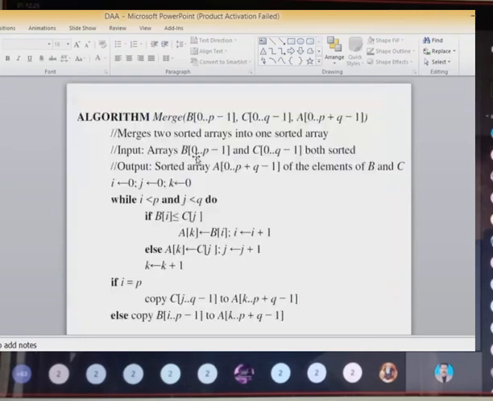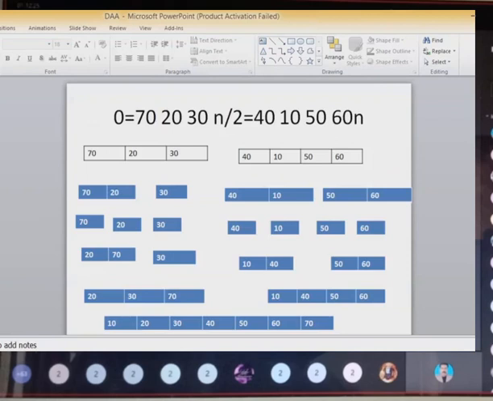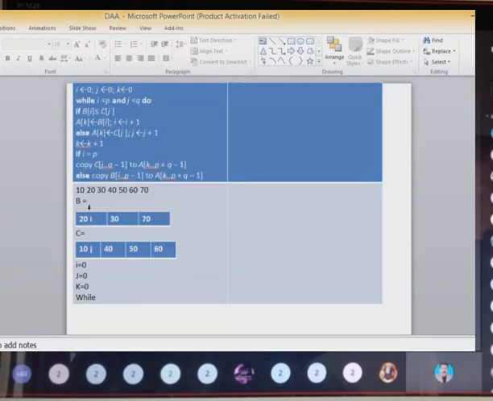In the B array, 0 to p minus 1, right? In the B array, the first value is i.